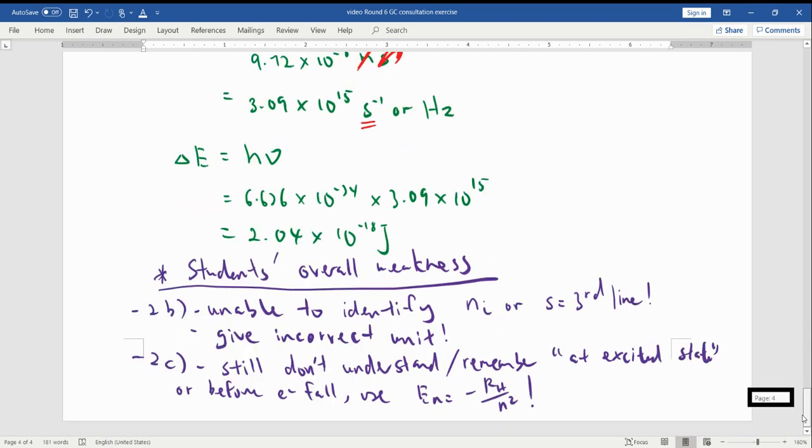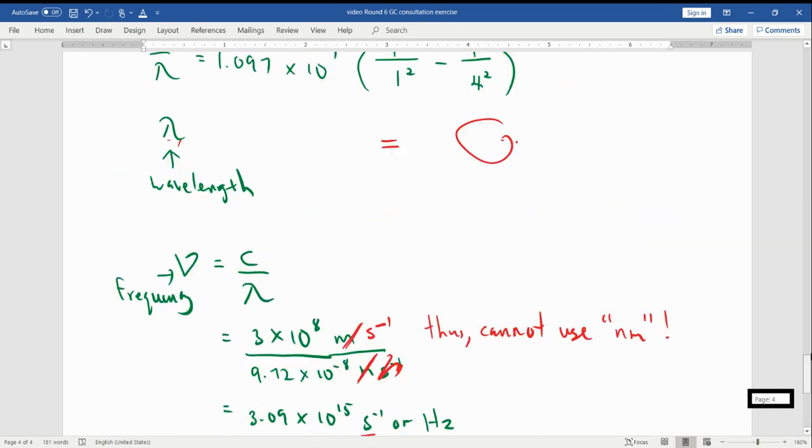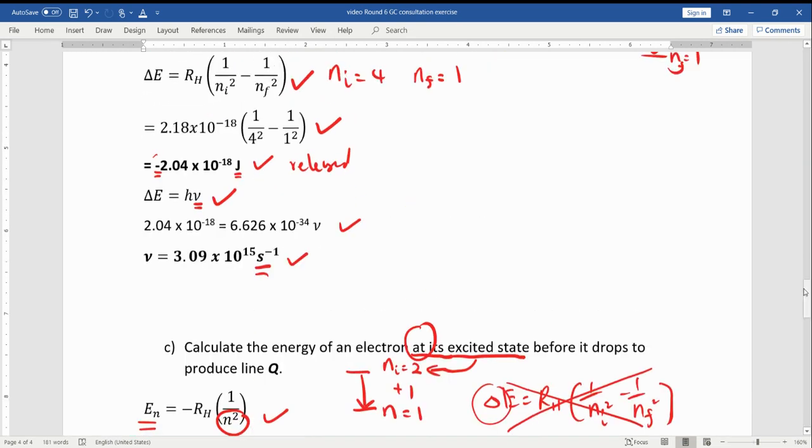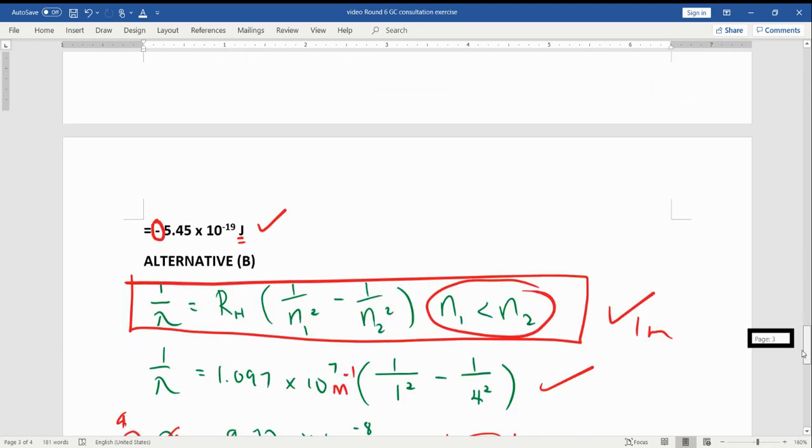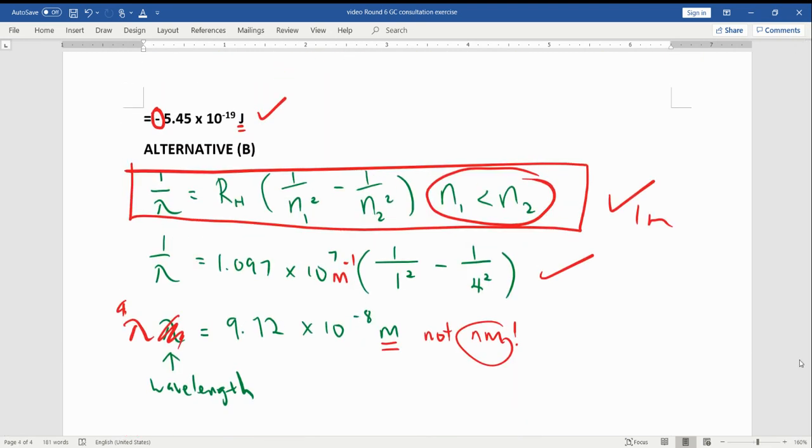So overall, the student weakness is still being unable to identify the initial level, still giving the incorrect unit like nanometer, and not remembering that at the excited state we use this formula. Again, remember, if you want to use wavelength, your unit is meters because the Rydberg constant is in meters.